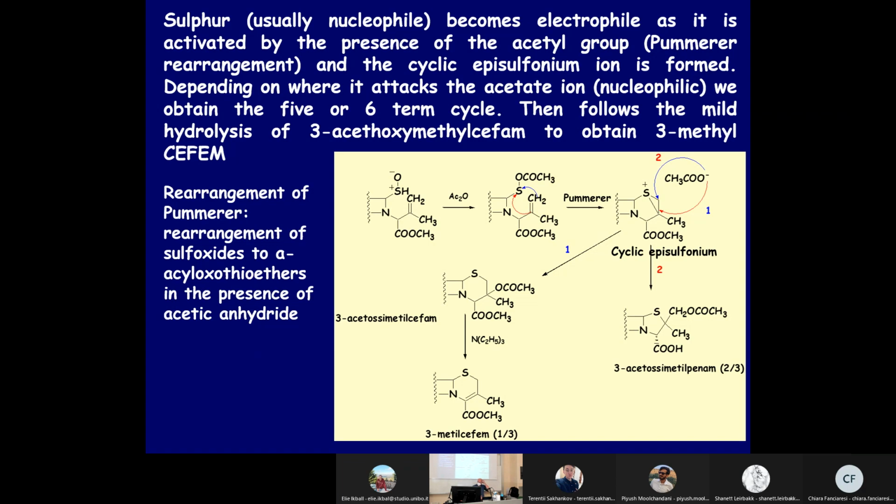This is an important point, because otherwise it is very difficult to have cephalosporins directly from natural compounds. So we have a semi-synthetic approach. We can start from penicillin. We have a big amount of penicillin to have cephalosporins.